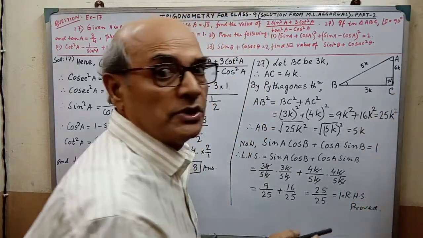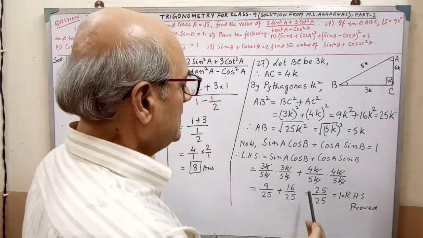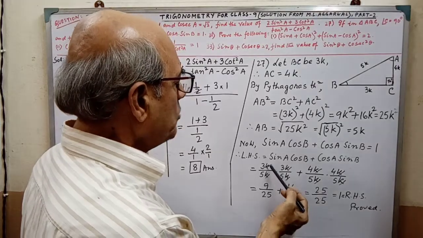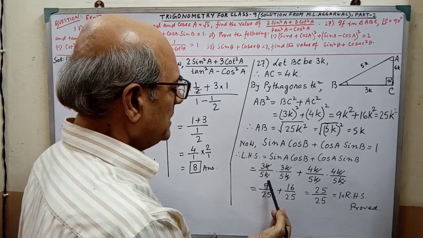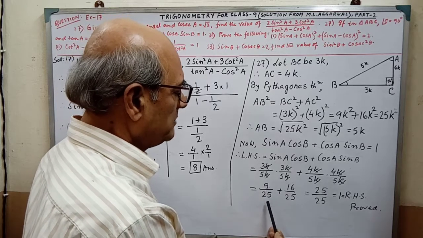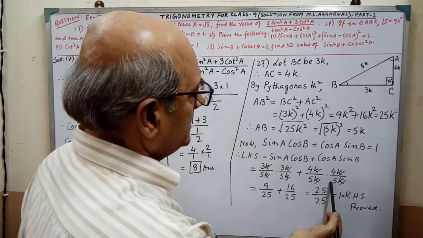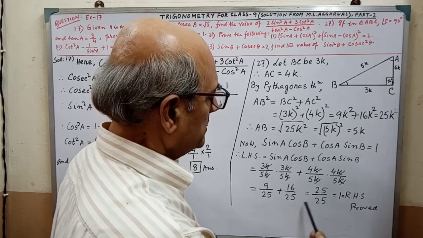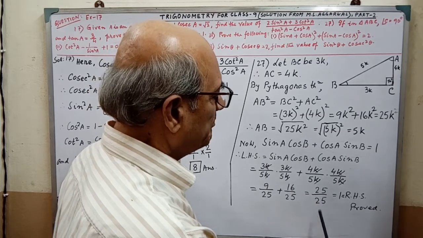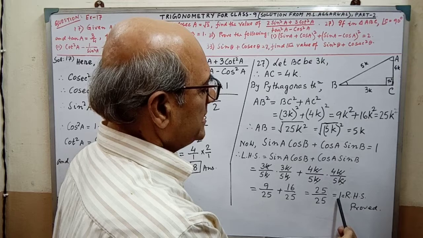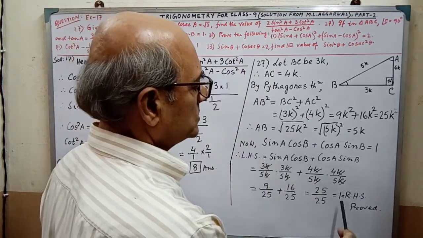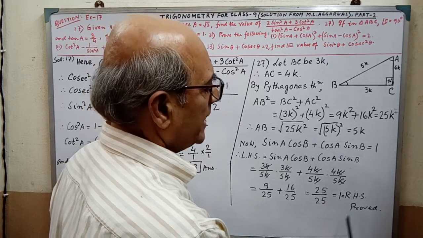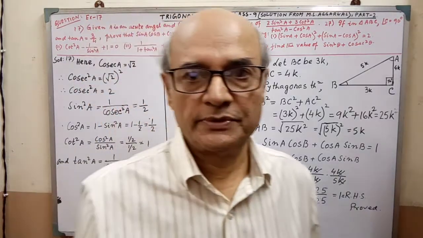You have to remember this. Then after putting these values, you simplify. K will be cancelled. After multiplication, it is coming 9 by 25 plus 16 by 25. By adding, 25 by 25 cancels and it is coming 1. And 1 is what we have to prove. So the right hand side is proved.